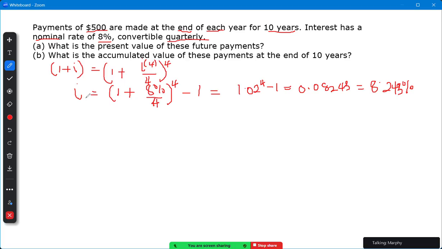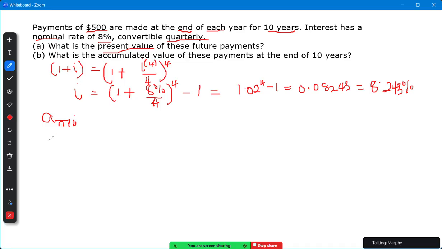So I have the annual effective interest rate, so I'm going to use that to calculate the annuity immediate. Now, what is the present value? The notation for that is a with the n here, and then I have my i here. So that is the notation for the present value of an annuity immediate.